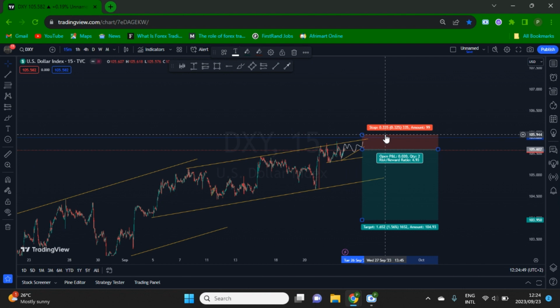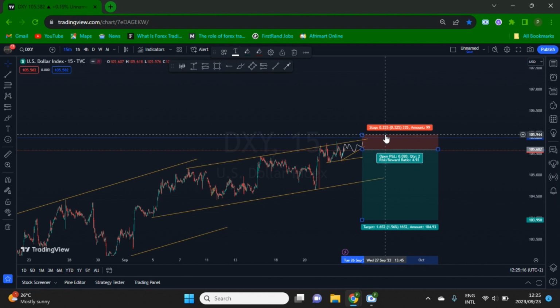So there's something called my FX calculator, right? You punch in the number of pips you have for your stop loss, the size of your account, and then it's going to tell you the lot size you should enter in order for you to risk 1%, right?